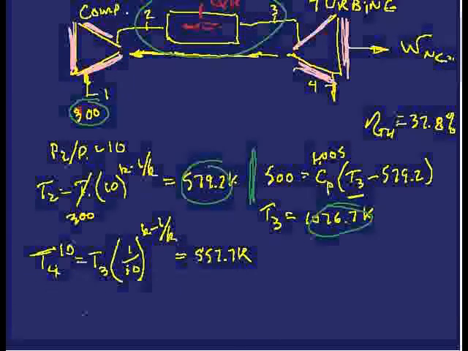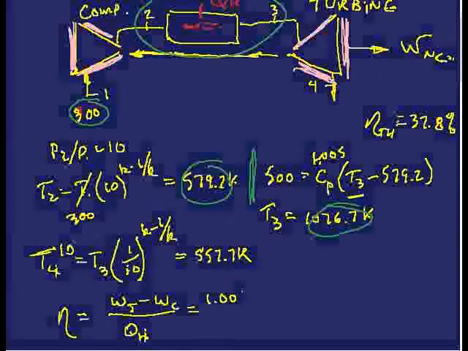Well, we know that the thermal efficiency is equal to work net, which is work of the turbine minus work of the compressor, divided by QH, which would be 1.005, that's Cp. And I'm going to take that outside.